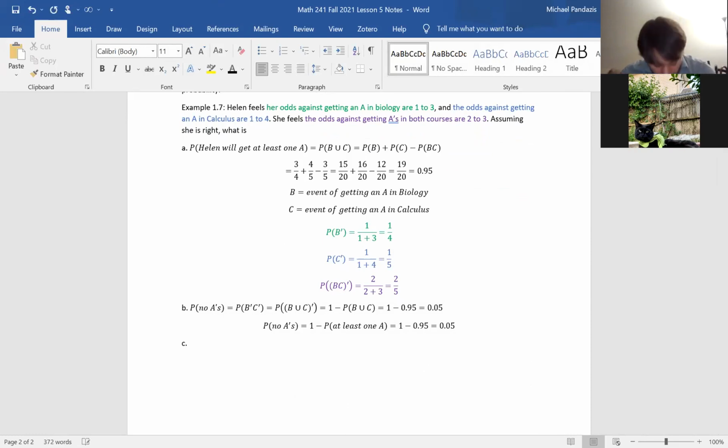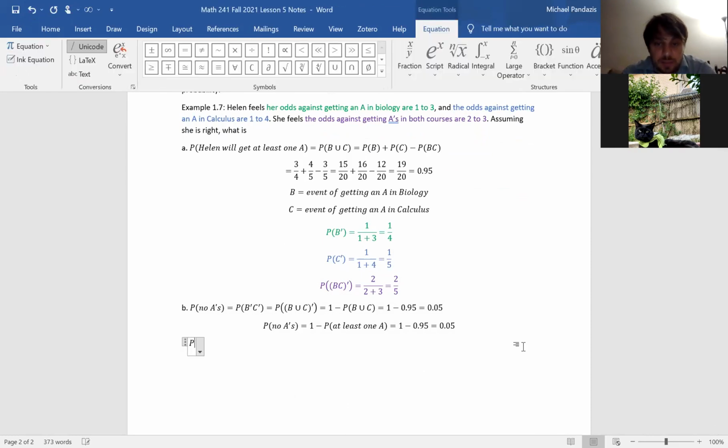Okay, C, what is the probability that Helen gets only one A? So exactly one. If she gets only one A, that means she only gets an A in biology or only gets an A in calculus.